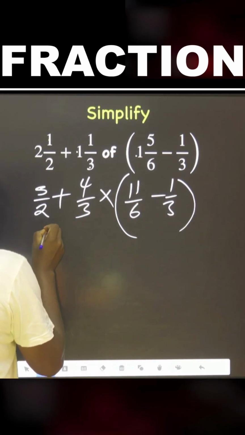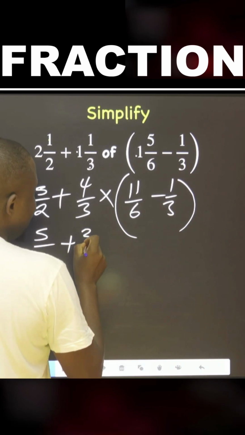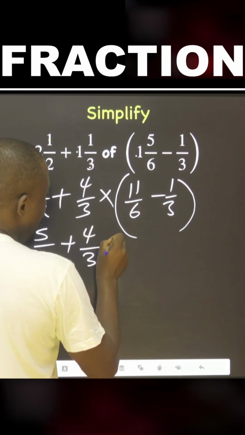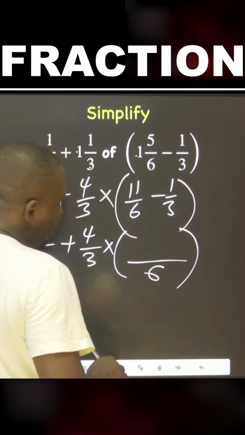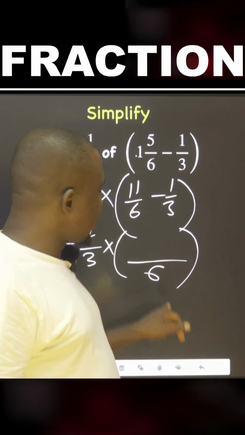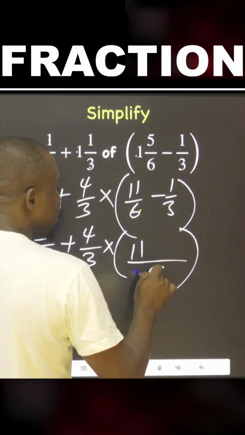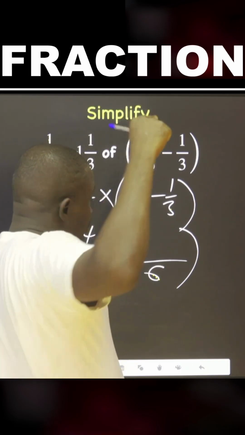Now, let's continue. We must finish with the bracket first. Even though you know what to do, don't remove your sight from BODMAS. The LCM of this is 6. 6 divided by this is 1, multiplied by this 11. 6 divided by this is 2, multiplied by 1 is 2.